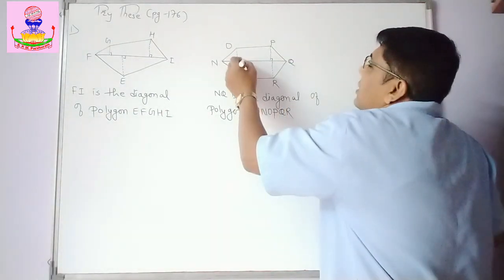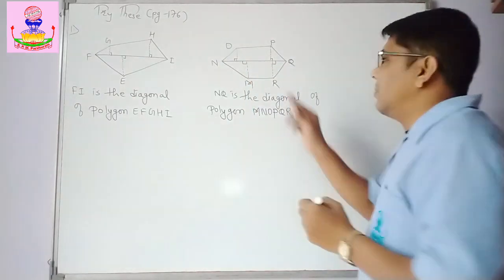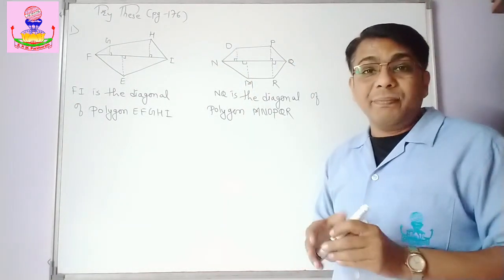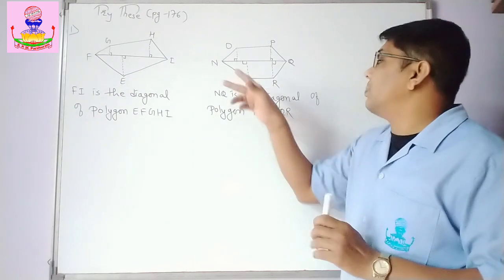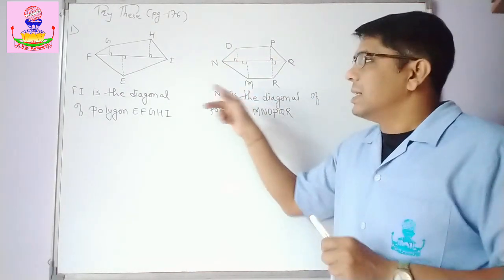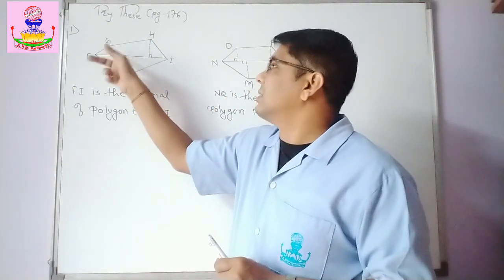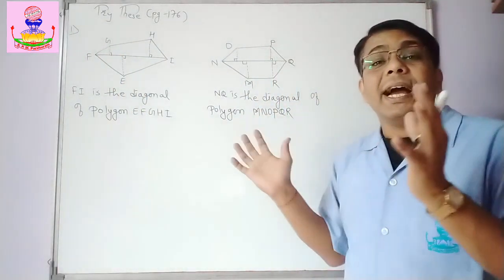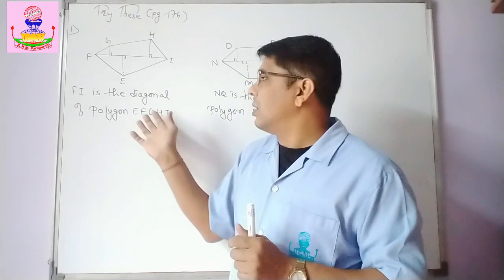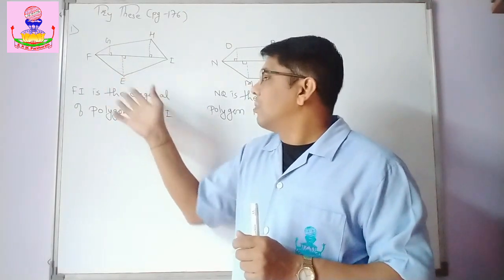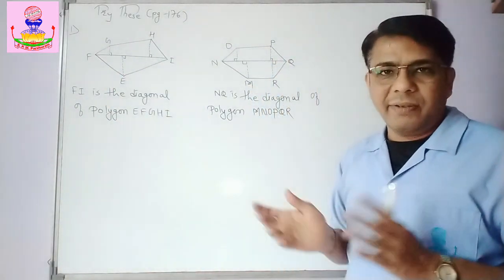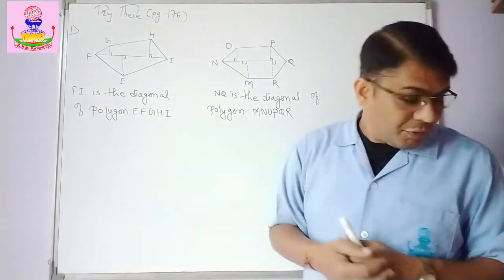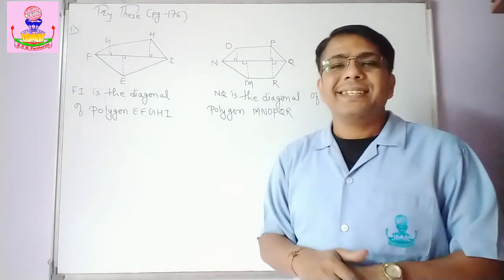So you get two trapeziums whose areas you can find and add them to get the area of the polygon MNOPQR. Same way here, you get a trapezium and triangles, find their areas, add them, and you will get the area of polygon EFGHI. Now after that we'll move to the third example.